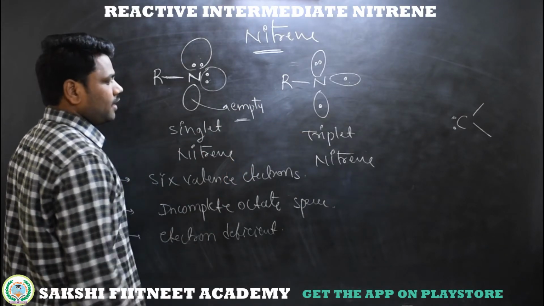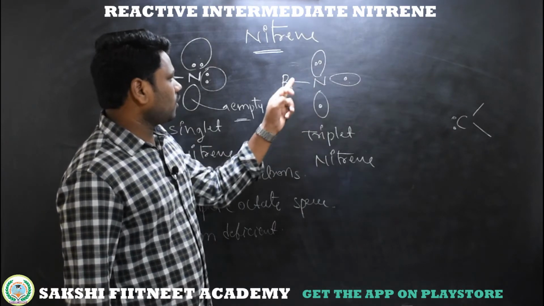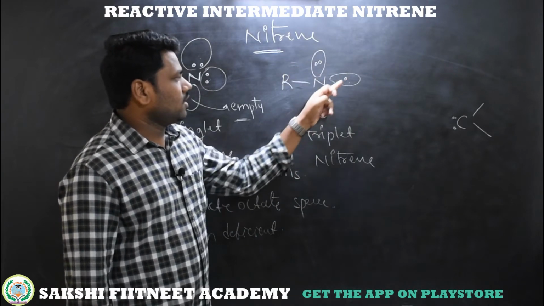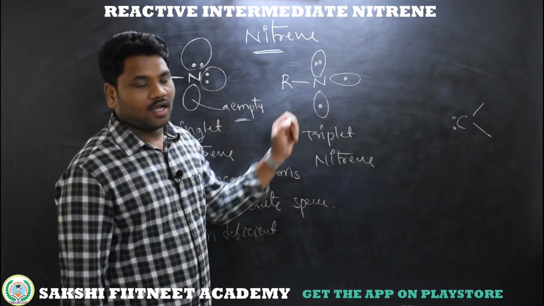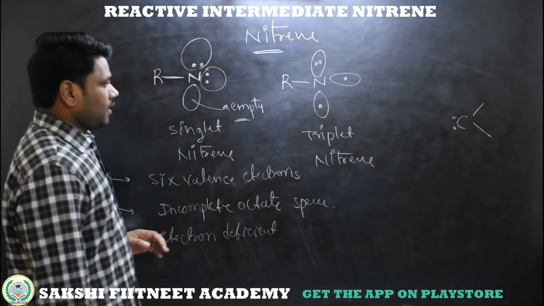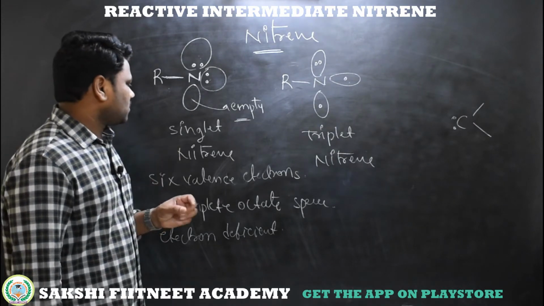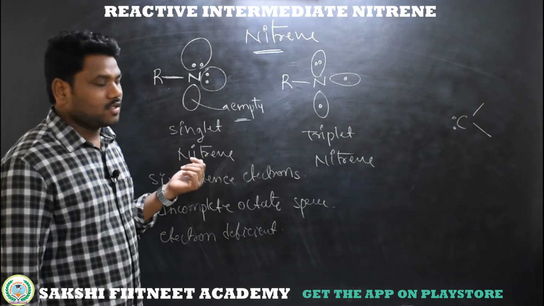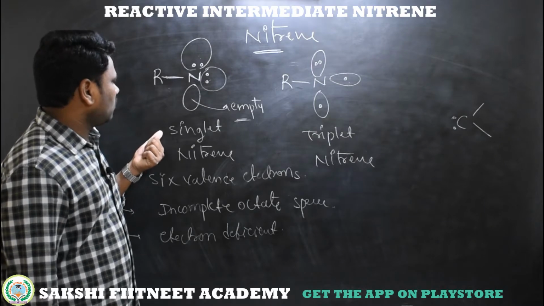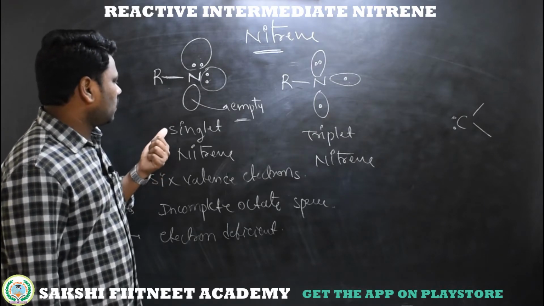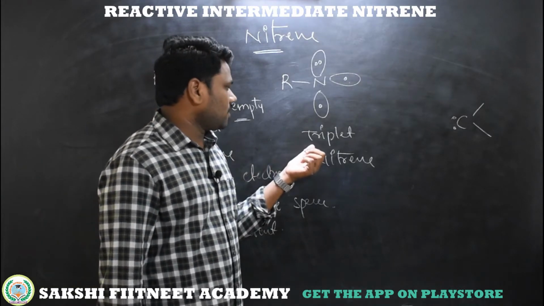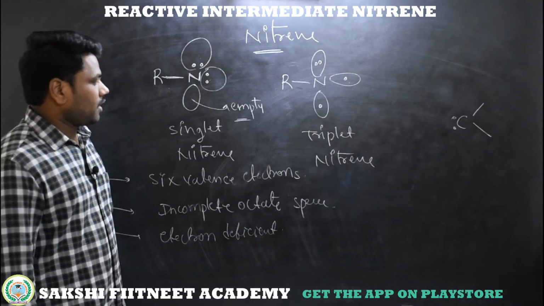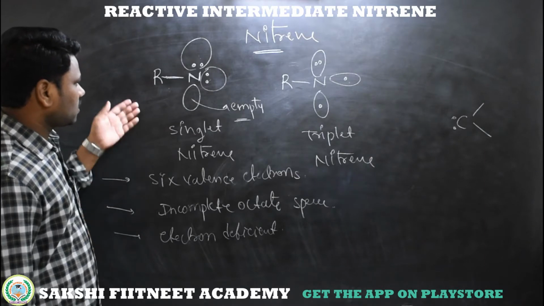Coming to the triplet, out of four electrons, two exist as a pair and the remaining two are present in different orbitals as unpaired. Based on the spin multiplicity rule, 2S plus 1, where S is the number of unpaired electrons, we get a value of 1, which is called a singlet. In the other case we get a multiplicity value of 3, which is called a triplet. These are the common structural features of nitrene.